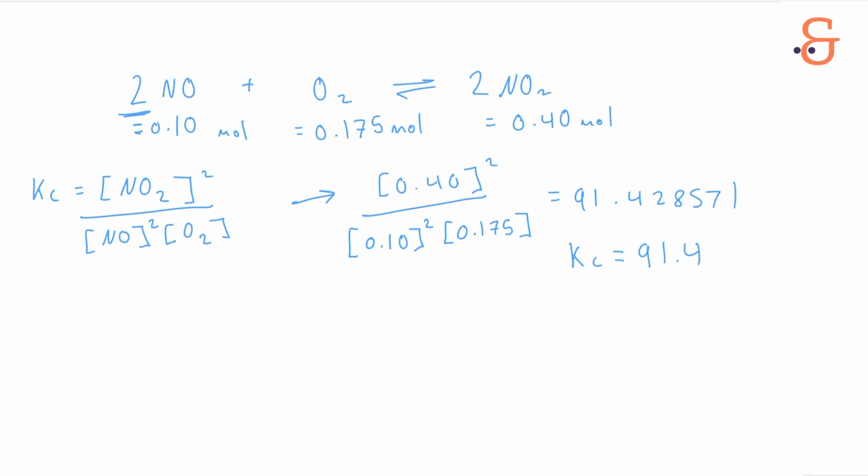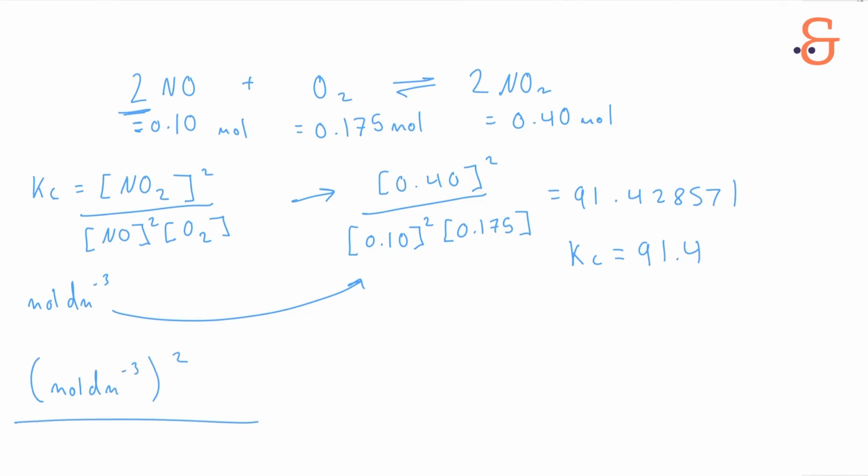And to figure out the units, we'll do something similar. So each unit is going to be moles per decimeter cubed. So we'll pop it into this equation instead of the concentrations. So we'll get moles per decimeter cubed on the top squared, divided by mole per decimeter cubed squared again on the bottom, times, there's always a little times here, again mole decimeter minus 3. And then to work this out, we've got moles per decimeter squared on the top and moles per decimeter squared on the bottom, so those can cancel out.